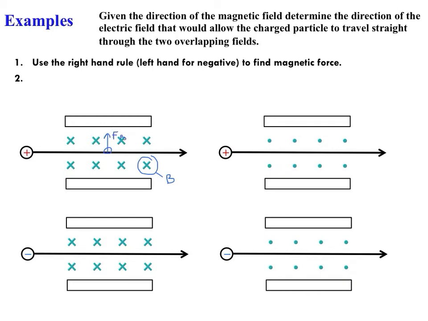If this is my magnetic force, then I have an electric force going downward. If a positive charge is attracted to the bottom, this must be negative, and then this must be positive. So then the direction of the electric field is from positive to negative.